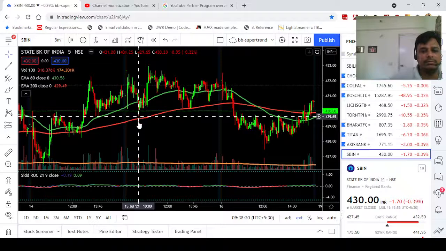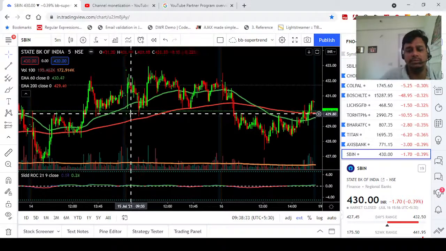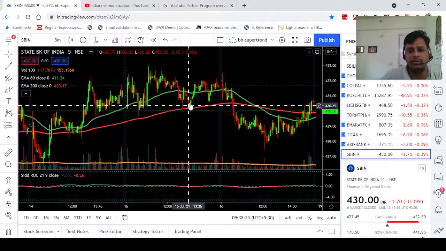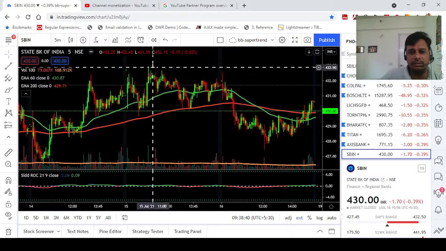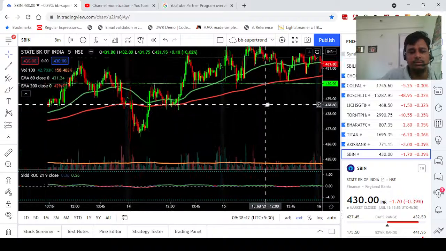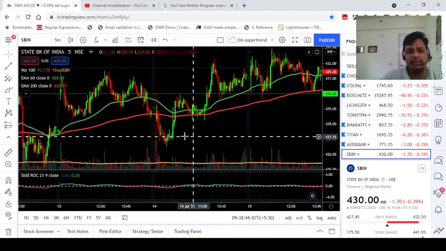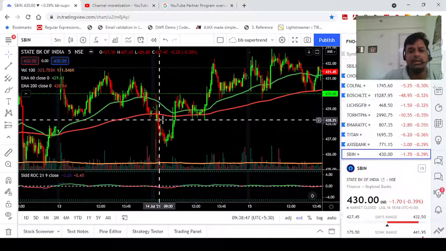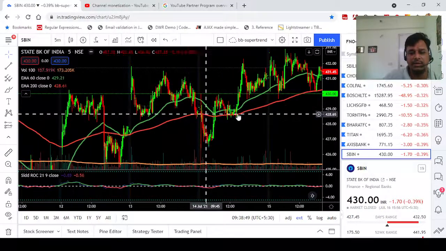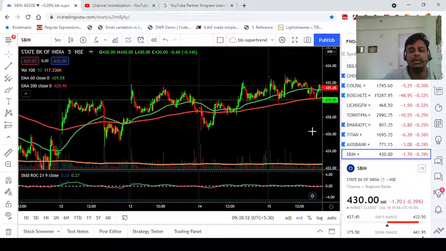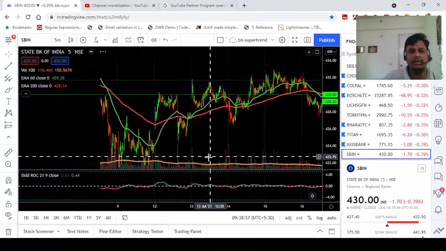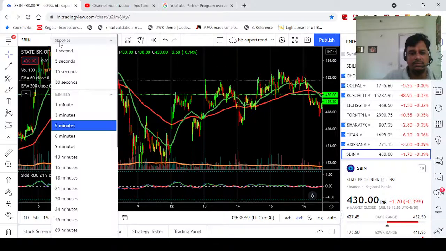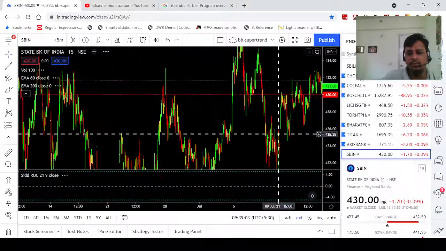See how, near the 200 moving average, supports are being taken. So 432, 432.29 to 432. When you see that near the 50 and 200 moving average these are taking supports, some stocks are not moving very high, and sometimes you can say sideways movements are there.